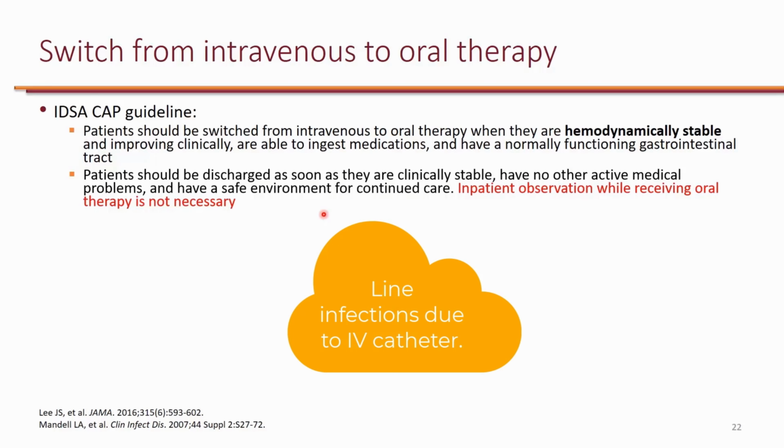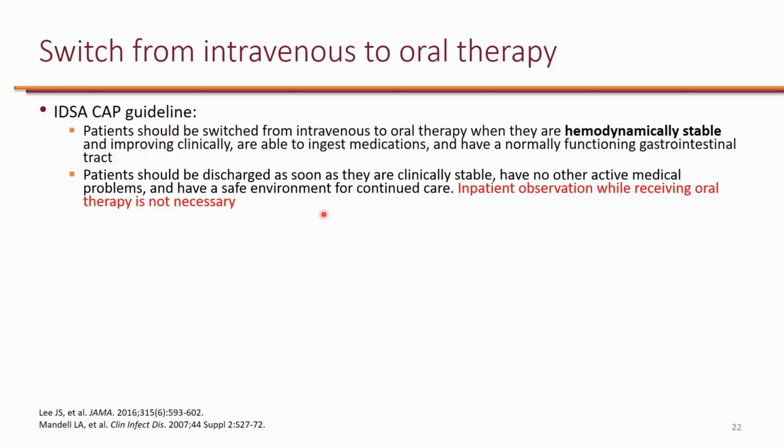However, keep in mind that the guidelines do say that inpatient observation while receiving oral therapy is not necessary. So if the patient is ready to be discharged from the hospital and they're on IV antibiotics, it's okay to discharge them and send them home with oral antibiotics. It's not necessary to keep them one extra day to make sure that they tolerate the oral antibiotics.